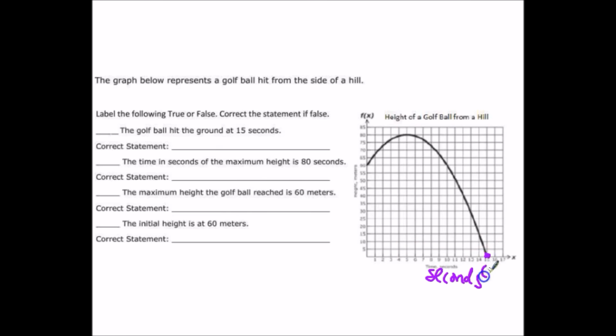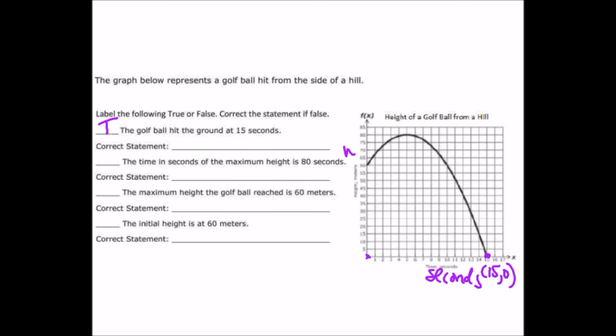What number is that? It looks to me like it's a 15, 0. Did it hit the ground? If this is height here, and this is time, did it hit the ground at 15 seconds? Well, that's definitely true. It hit the ground right at 15 seconds. So we don't need to write a correct statement there.